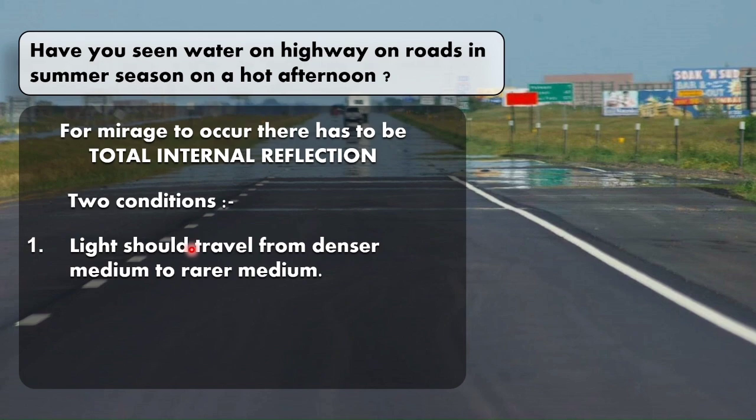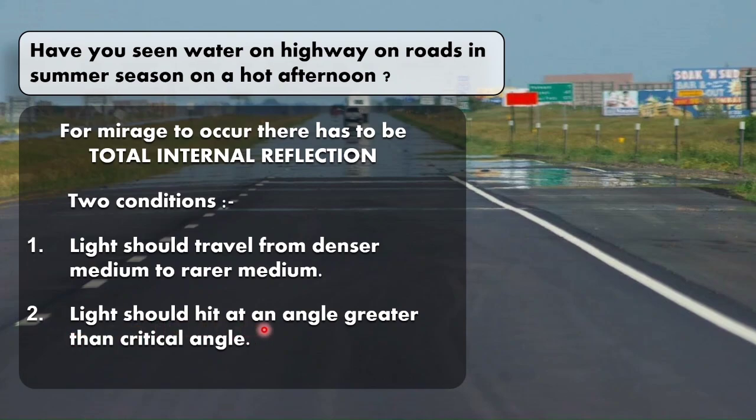First condition is light should travel from denser medium to rarer medium, and second condition is light should hit at an angle greater than critical angle. So total internal reflection hobole hole first condition to hoise light to hoday denser medium or pra rarer medium or travel koribo lagibo, okay? Aru second condition to hoise angle of incidence to critical angle otke greater hobo lagibo. Am I clear?